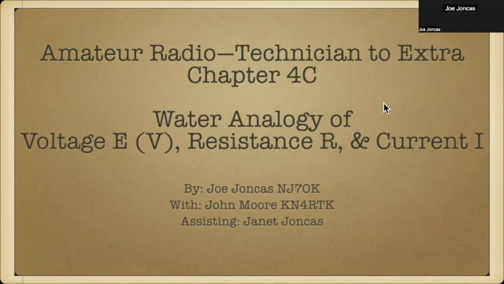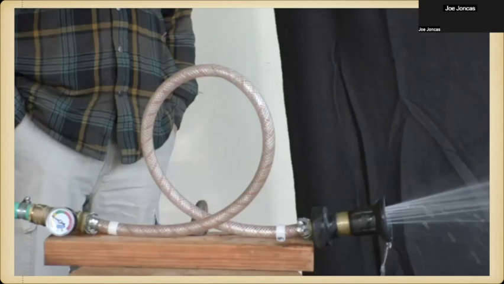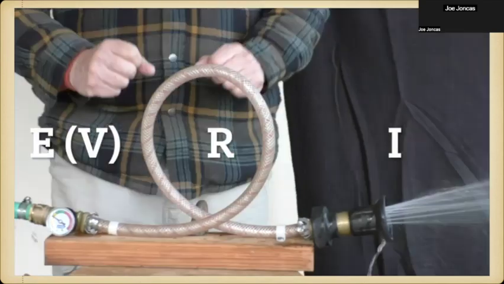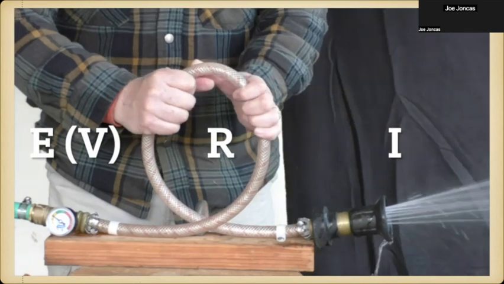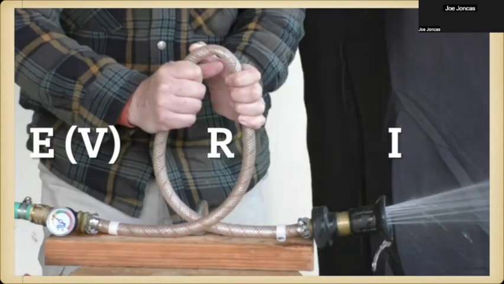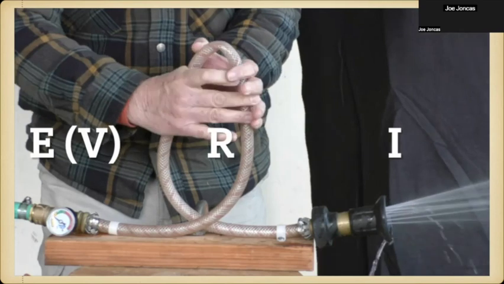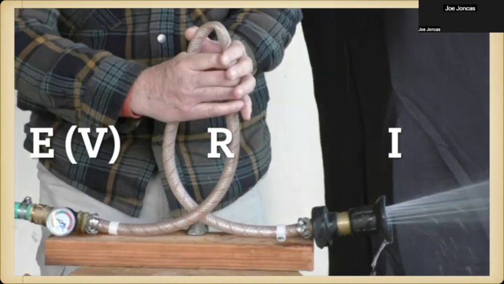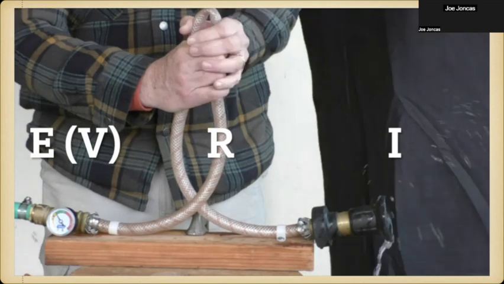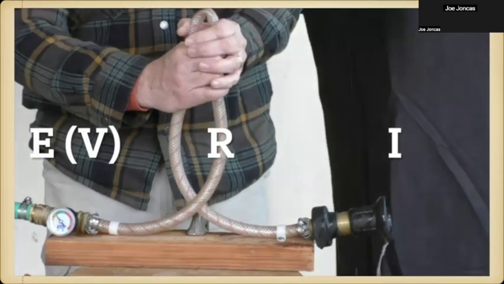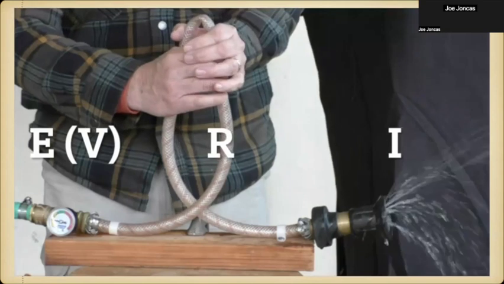I want to show you this again. This is John showing us, on the left-hand side, you have a voltmeter, and then you have the resistance in the middle, which John is increasing for us. He squeezes it off until there's just a little drip on the right side.